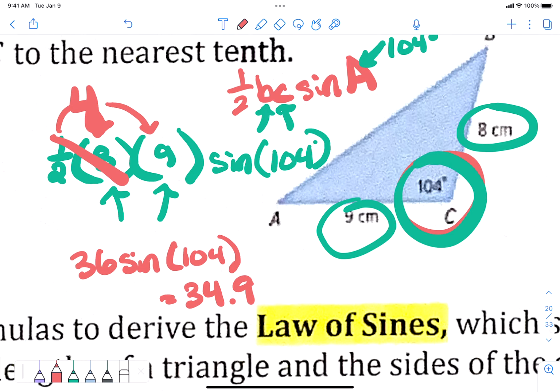That's not a degree. That is the area, and the area is in centimeters squared. Okay. All right.